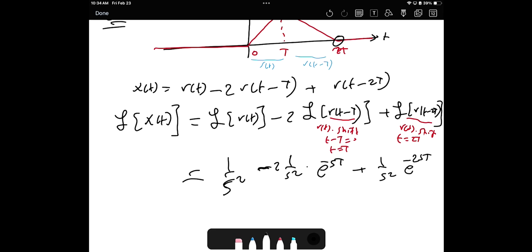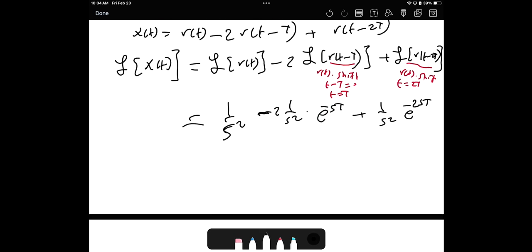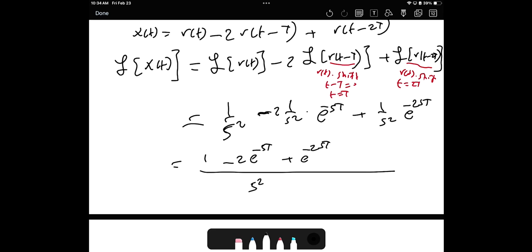Okay? That's it. You can simplify it as 1 over s squared, times 1 minus 2 e to the power negative sT plus e to the power negative 2sT. This is X of s.